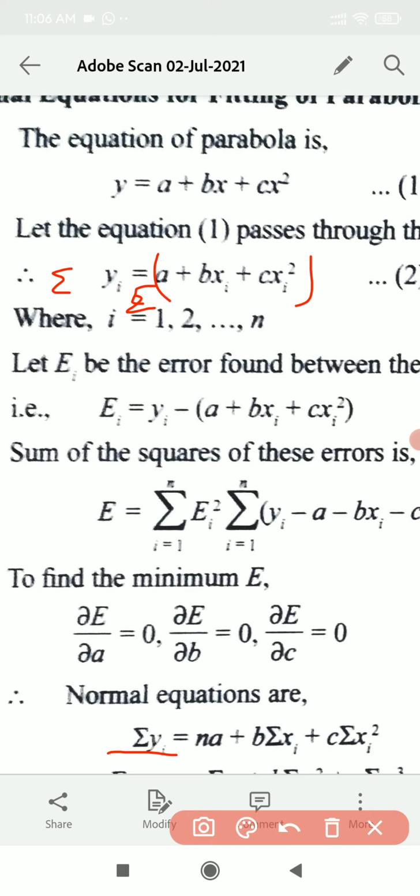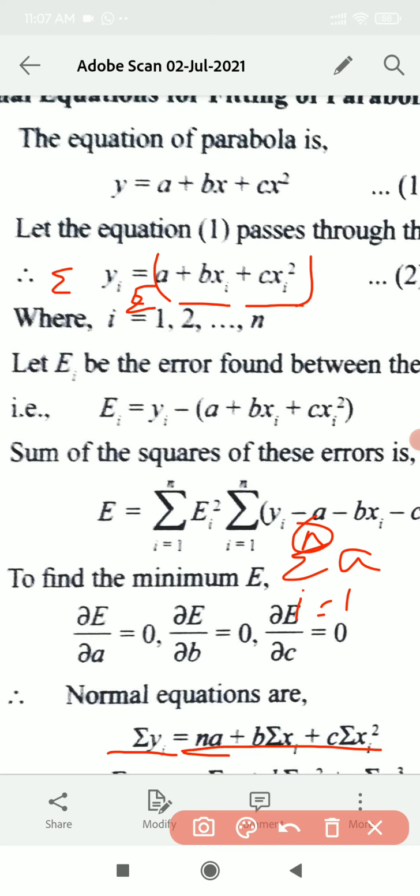Then, a is a constant, so you don't need the summation for a; you just write n a here. Then it will be b summation xi and c summation xi square. First you are putting summation.